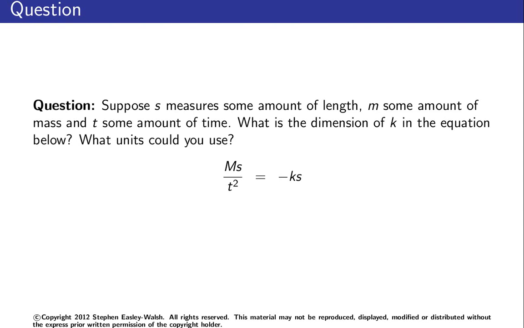So let's have a look here at what the units for K is and what the dimension for K is. So we need to look at the dimensions of each term. So there's our formula, and I will look at each dimension of each term individually.